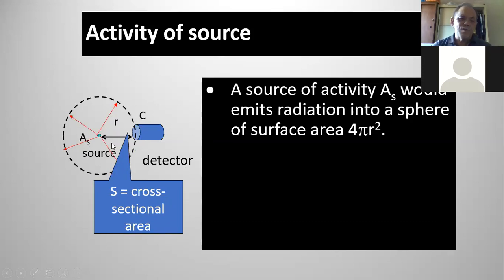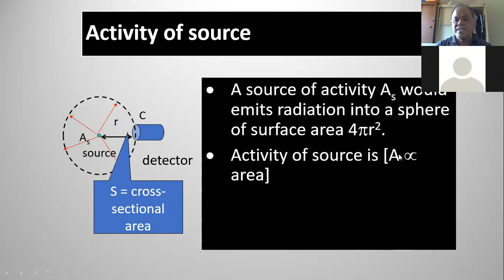So we want to calculate this activity. But remember, this activity is distributed over the surface area of the sphere, 4 pi r squared. We are just using that activity is proportional to the area. That means the bigger this area, the greater will be the count rate.